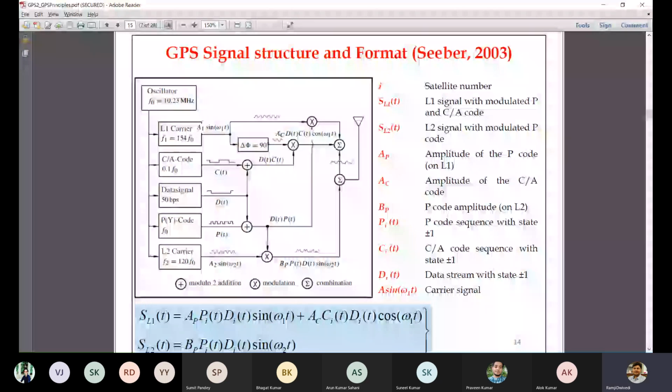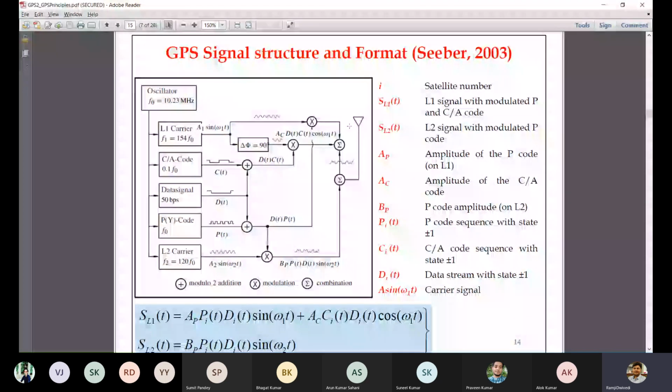Just like it is written A_C D(t)C(t) cos omega t, the P code going up is written here. In fact it is written here: A_P P_i D_i sine omega t plus A_C C_i D_i cos omega t. This is the final signal that is being transmitted from the satellite.